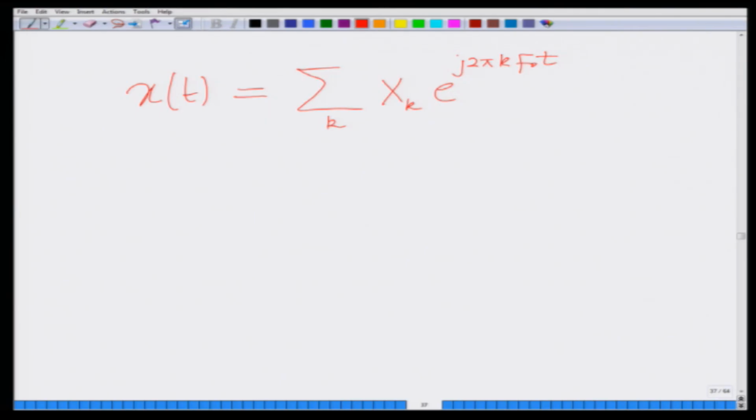Now, generating this signal is difficult because of the large number of subcarriers.